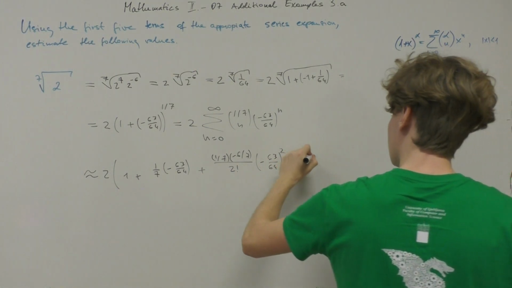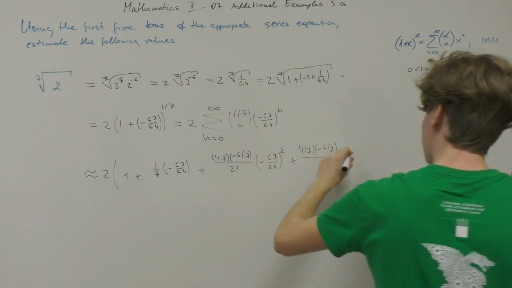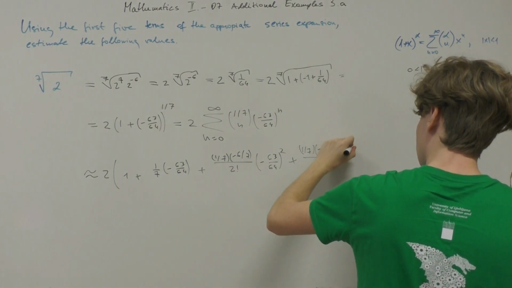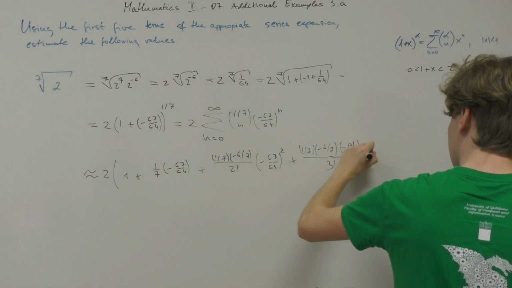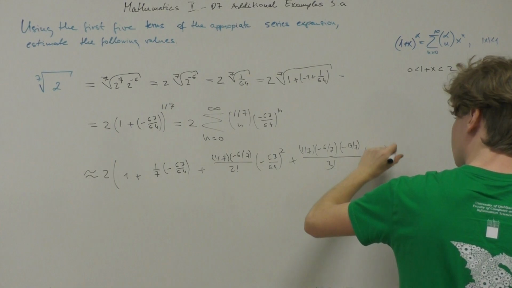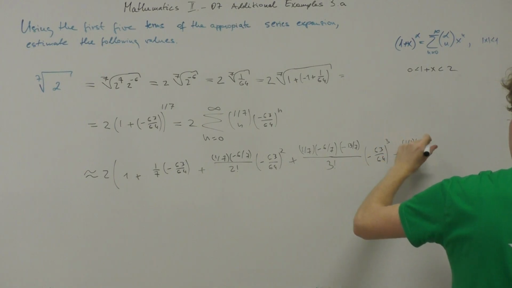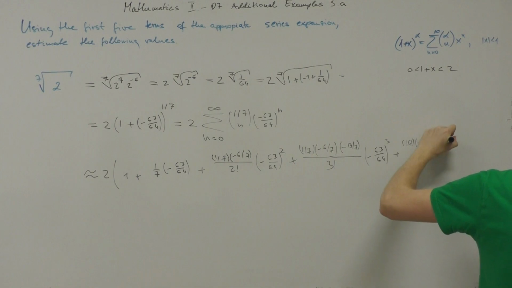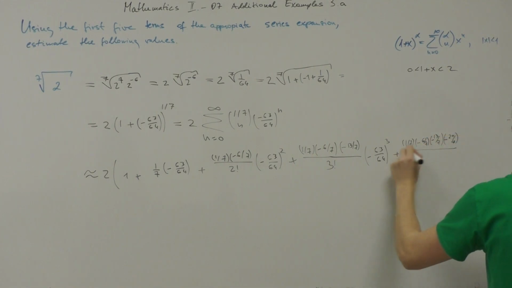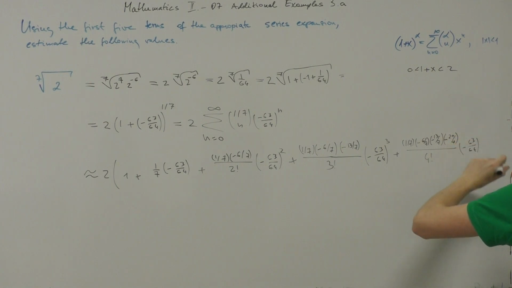The next one will be 1 over 7 times minus 6 over 7 times minus 13 over 7, and this all over 3 factorial, and then we have to multiply this by minus 63 over 64 to the power 3, and the last one will be 1 over 7 times minus 6 over 7 times minus 13 over 7 times minus 20 over 7, and this is over 4 factorial, and we must multiply this by minus 63 over 64 to the power 4. So this is our expansion.